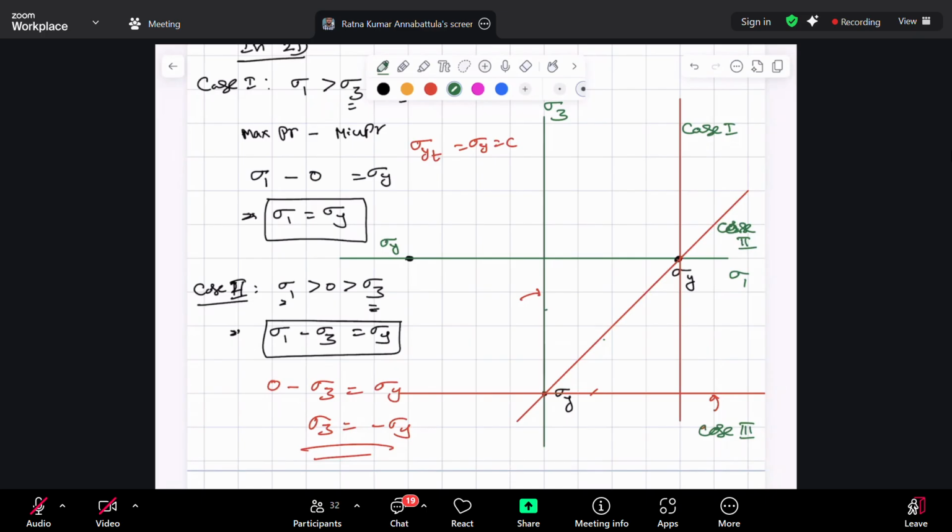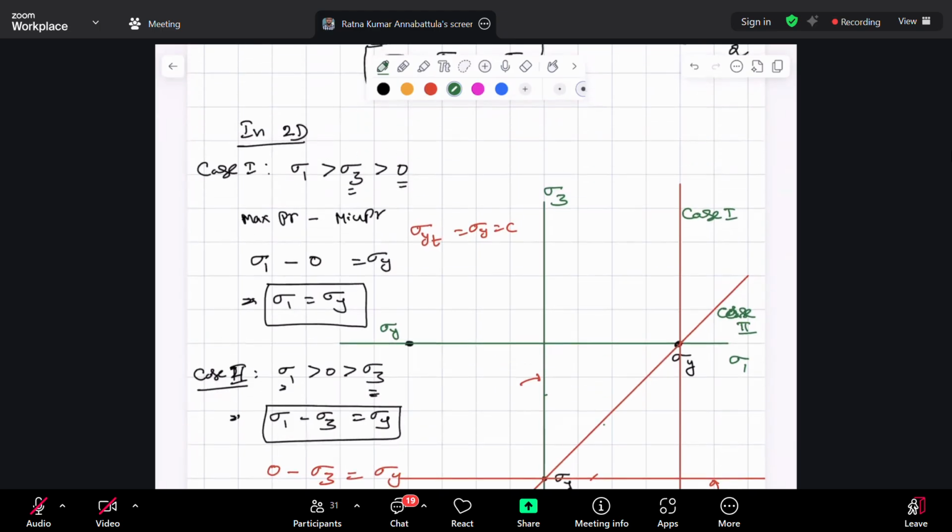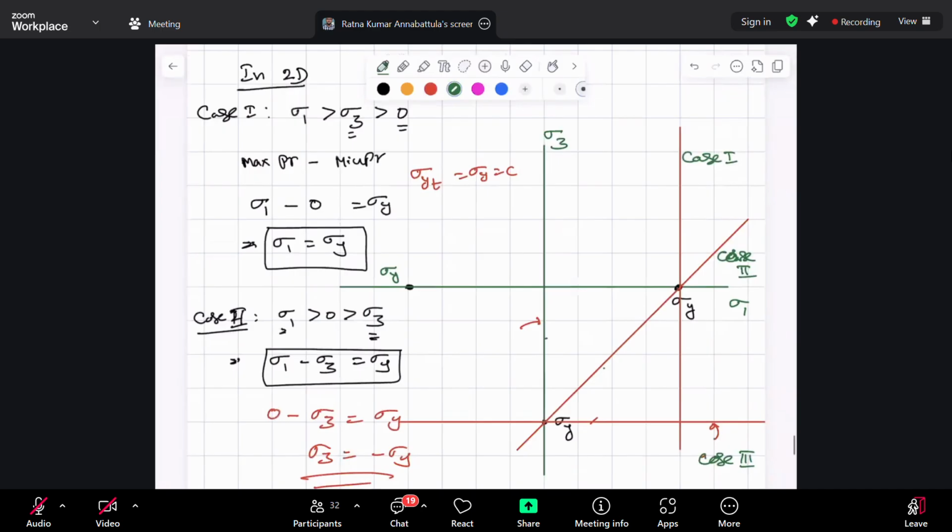And similarly, if you take sigma 3 to be positive, what we have done is sigma 1 greater than sigma 3 greater than 0. Similarly, you can say sigma 3 greater than sigma 1 greater than 0. Let us say sigma 3 is the largest principal stress. Then you will have your boundaries. I am drawing the boundaries again. That is another sigma y. That is one line.